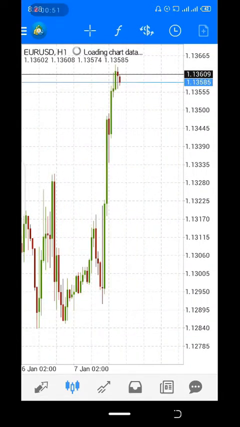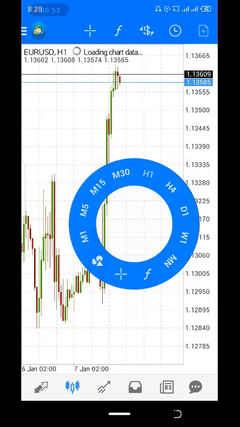Now when you tap your screen, something is going to pop out on the right side, and we have in it M1, M5, M15, M30, H1, H4, D1, W1. M1 means 1 minute time frame. These are the time frames.